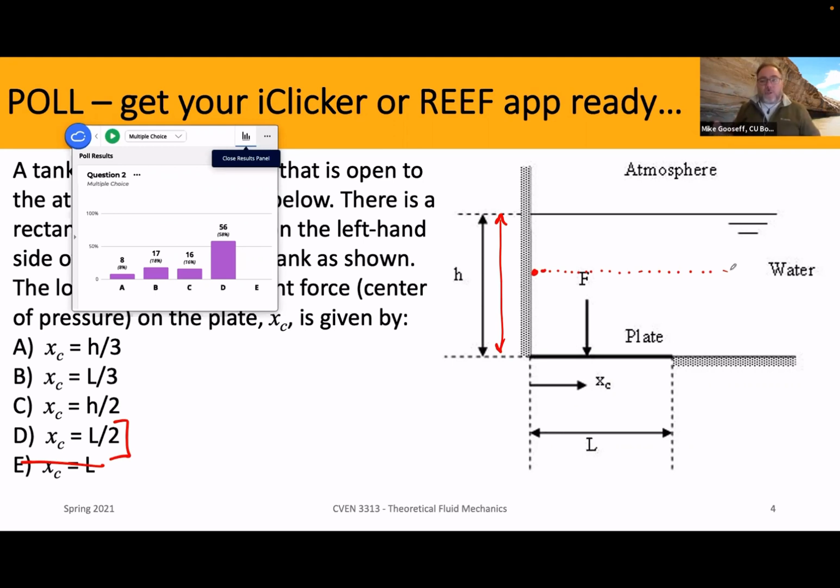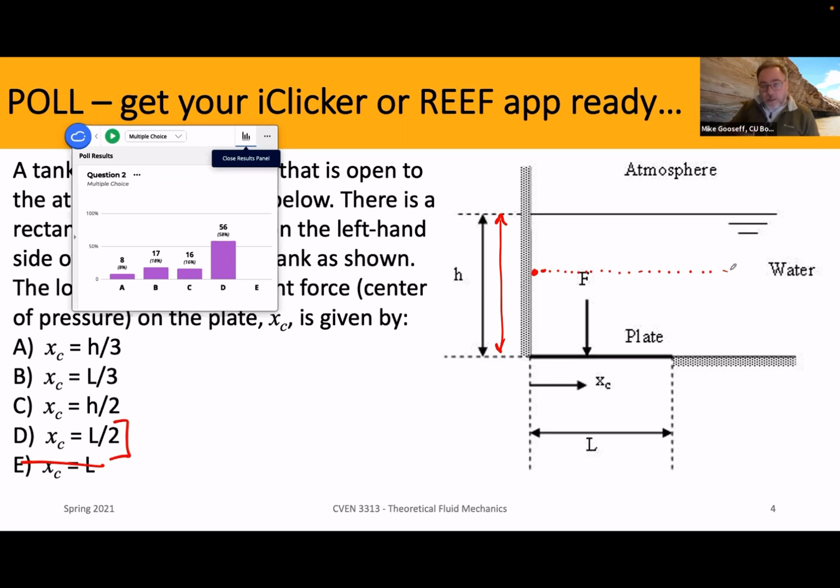And pressure only changes in a hydrostatic situation here with depth. So one thing to note then to start with is that the plate, being horizontal, flat on the bottom, has even pressure distribution across it. Okay, the same pressure is acting at all locations across that plate because it's got a horizontal orientation. Okay, so that's what the pressure does.